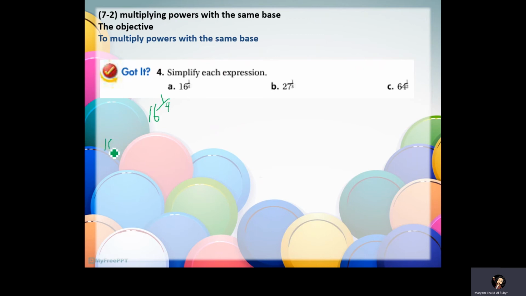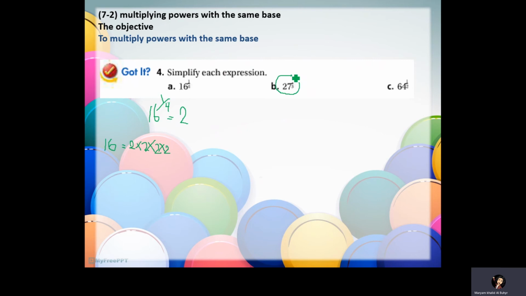So 16 is equal to 2 times 2 times 2 times 2. That means the answer here is 2. Again, as I said, you can do it by calculator, but I have to tell you the basic way in case you are doing tests, where you don't need to use a calculator.